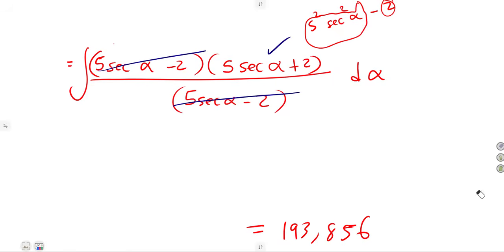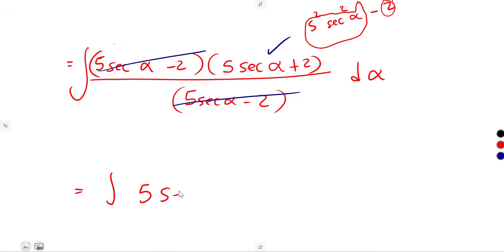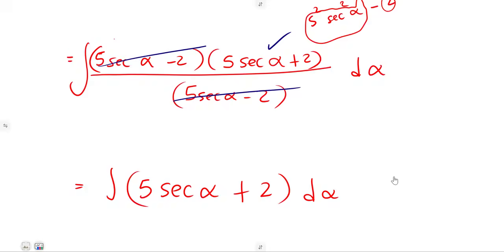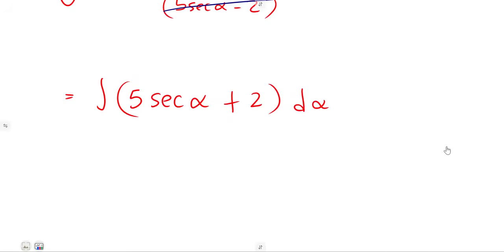Okay, so let's rewrite and see the integral of what? 5 sec of alpha plus 2, with respect to alpha, we can integrate. Remember, if you integrate sec, it is there in your formula sheet. It's going to give you ln of sec of x plus tan of x.